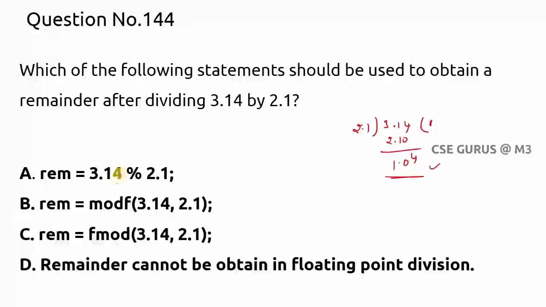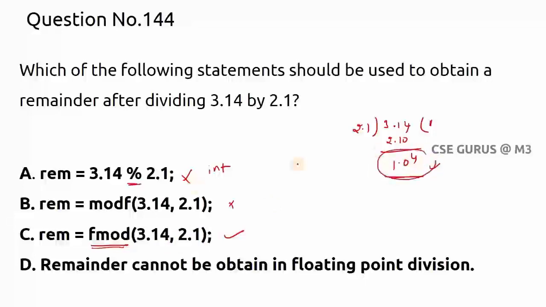But if I write 3.14 percent 2.1, will you get the answer? No. Why? Because this percent operator in C will work only for integers. It won't work for floating numbers. Can you get this with mod f? No. So there is a function for remainder, even for floating values, that is the fmod function. So this is the correct answer, option C. If you write fmod(3.14, 2.1), it will divide like this.